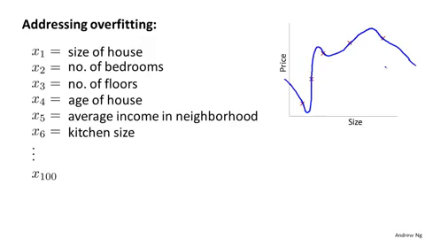When we have so many features, it also becomes much harder to plot the data and to visualize it, to decide what features to keep or not. So concretely, if we're trying to predict housing prices, sometimes we can just have a lot of different features, and all of these features seem maybe kind of useful. But if we have a lot of features and very little training data, then overfitting can become a problem.